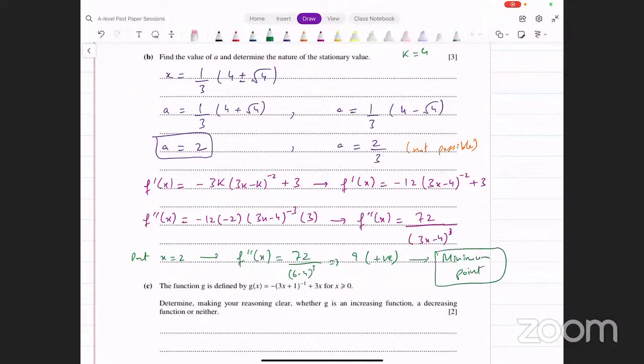ठीक है, that's one way to do this using the second derivative. ये आप कर सकते हैं. तो आप दूसरा आइडिया भी यूज कर सकते हैं, क्योंकि ये काफी लंबा हो रहा है यहाँ पे सेकंड डेरिवेटिव फाइंड करना.